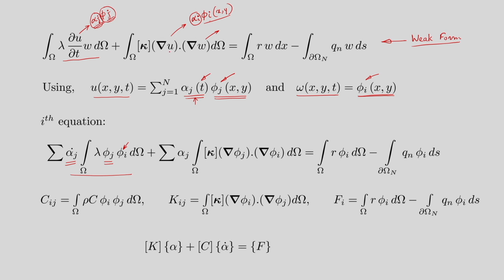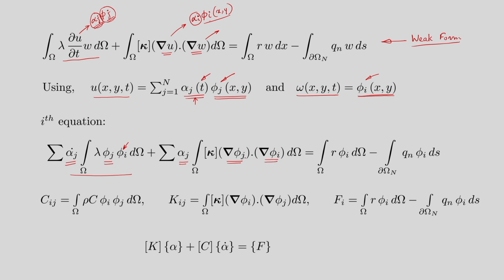Similarly, in the second term, when we replaced alpha j phi j, because this is the derivative over x and y, so this is a gradient of u and gradient of w. So, in that case we will get alpha j gradient of phi j and w substituted with phi i. So, we will get gradient of phi i, alright.